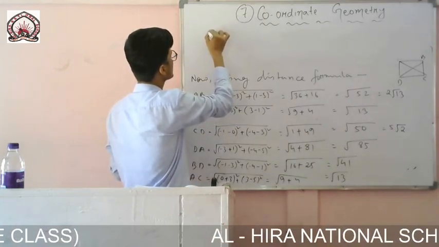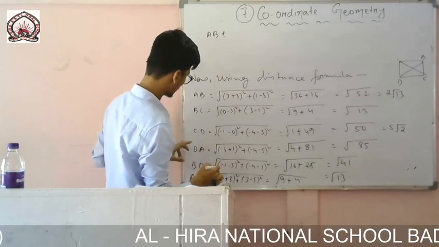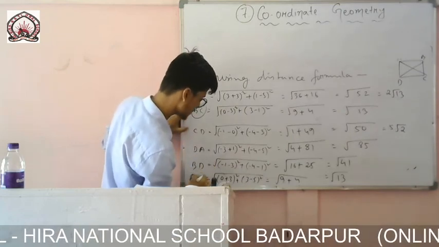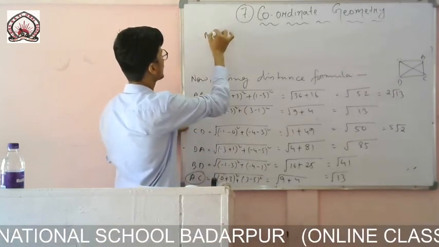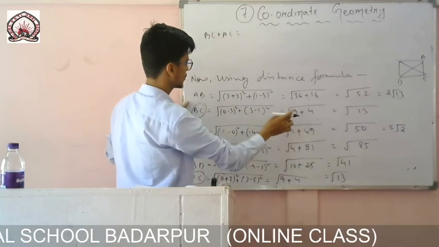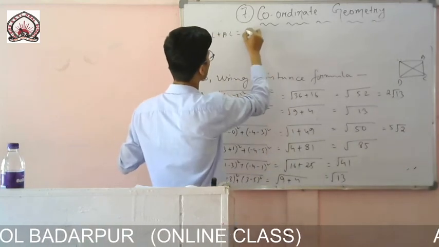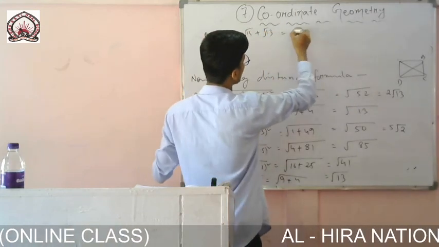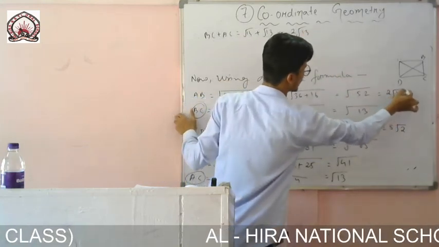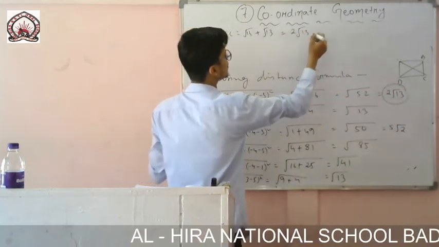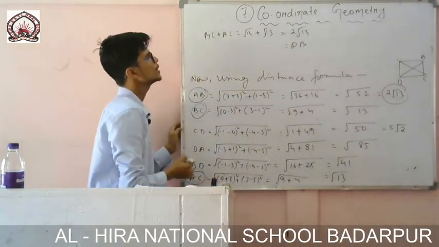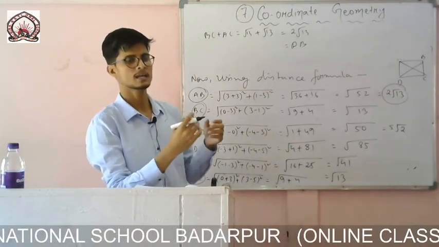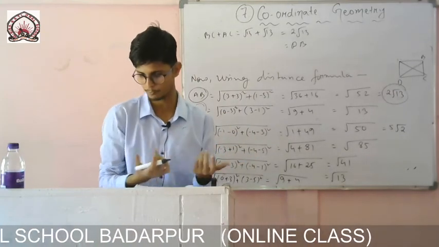So you can write like this: since BC plus AC, BC is root 13, this one is also root 13, so root 13 plus root 13 you can write as 2 root 13, and this is AB. So BC plus AC is equal to AB. We know that if the sum of two sides is equal to the third side, then the points are collinear, and if 3 points lie on the same line, then how will they form a quadrilateral?